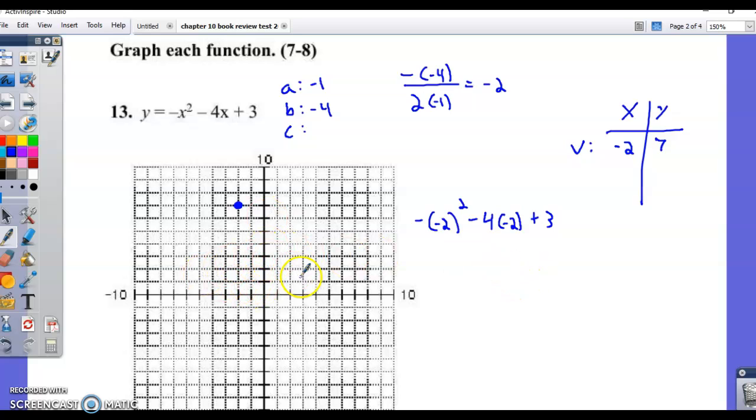Now I'm going to pick a point to the right and to the left of this vertex. You can use negative 1, 0, 1 to the right. 0 is an easy one to use. So if I put in 0 for my x and put in my zeros here for these x's, I get 3 as my output. So I can do 0, 3. And again, our axis of symmetry, you don't need to label this, but when we're cutting in half here, if I go over here, that's going to be where another point is on this graph.